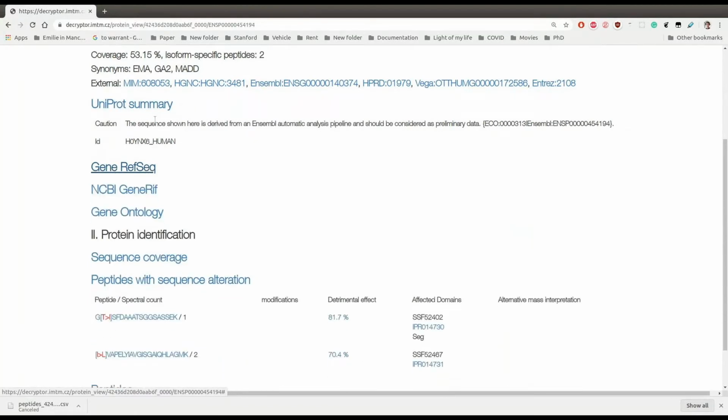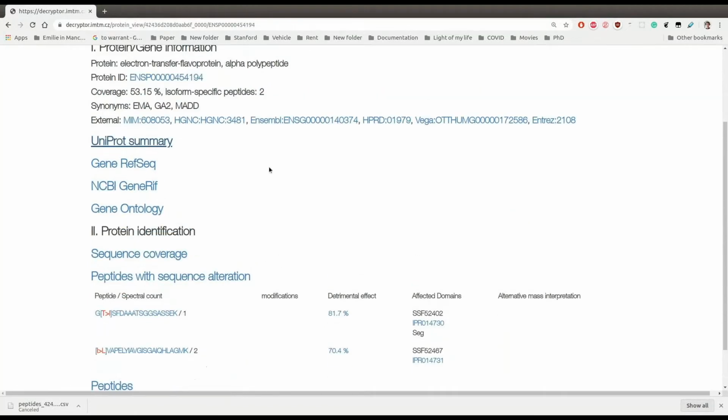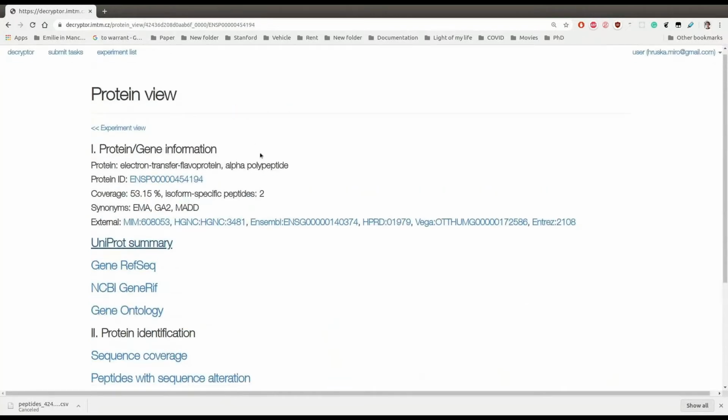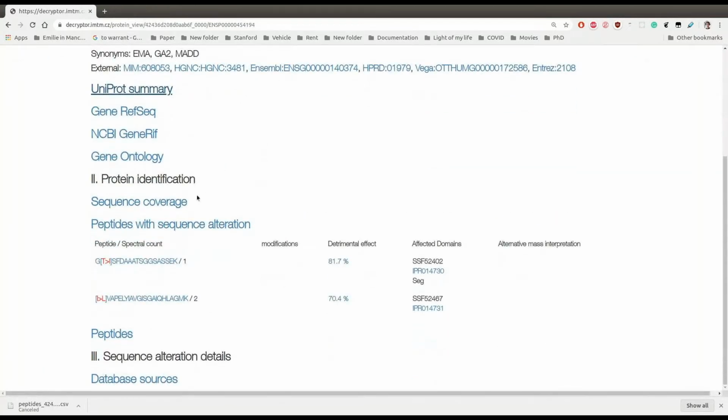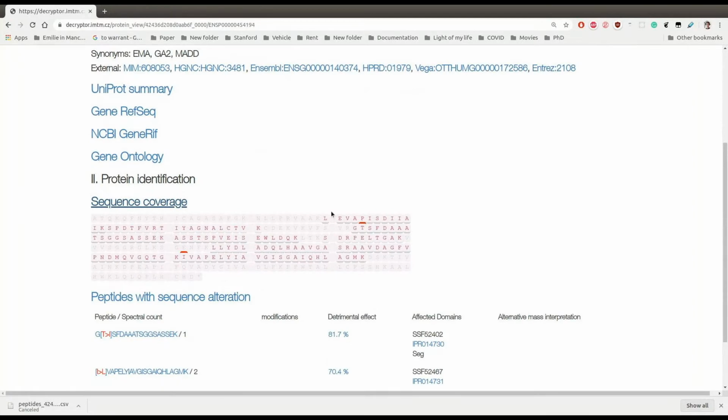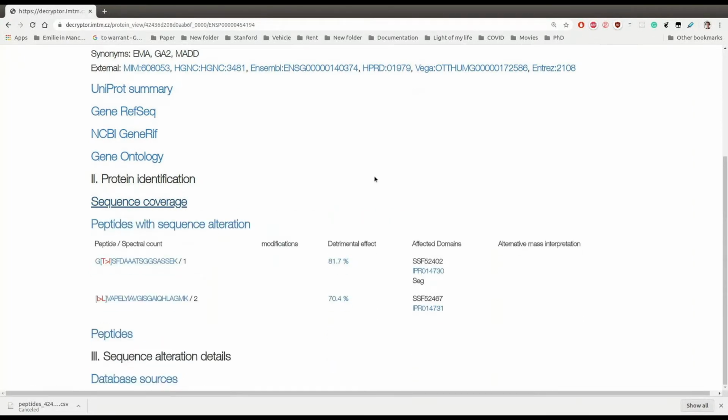Here you can also see the coverage of the protein, and where these variants actually reside. And for those who are more interested in the individual peptides, one can go through them.